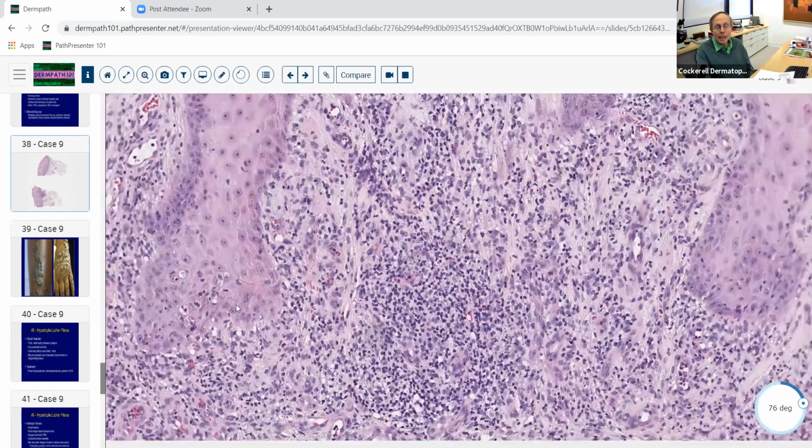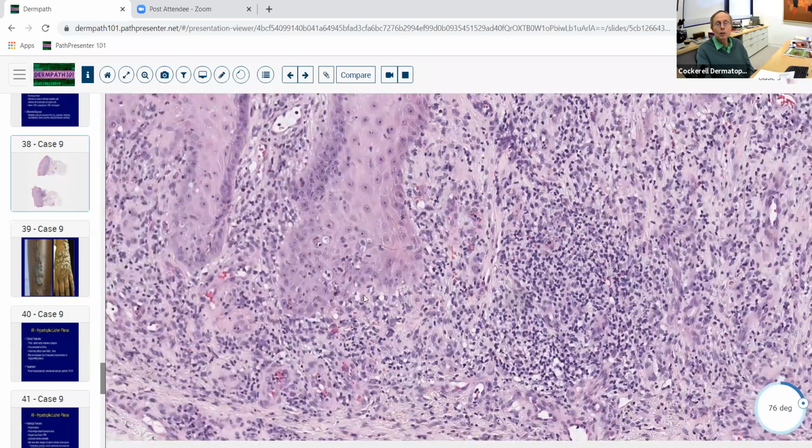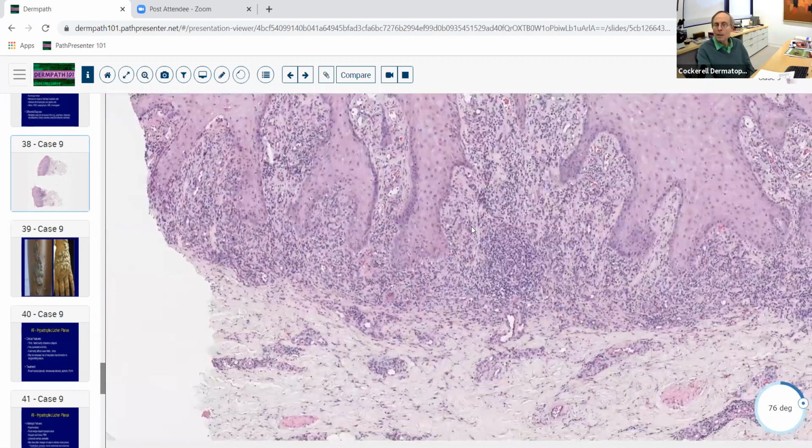And it's obscuring the dermal-epidermal junction right here. So hopefully you've all been yawning and saying, well, that's classic lichen planus, and it is lichen planus. So there's really no question about the diagnosis here.